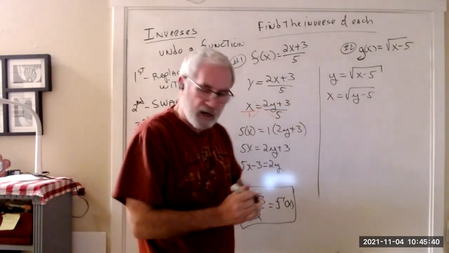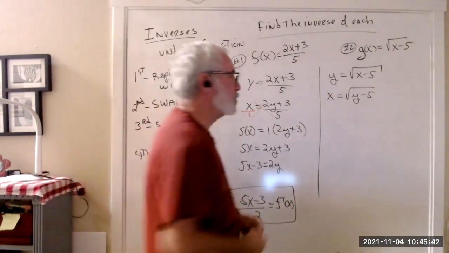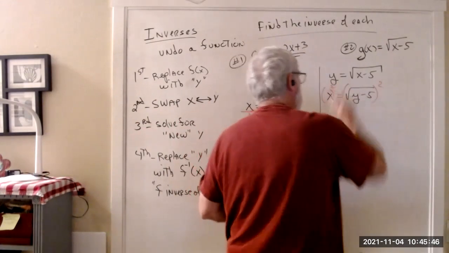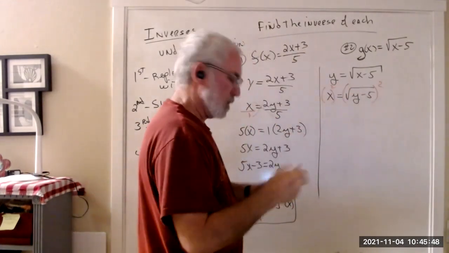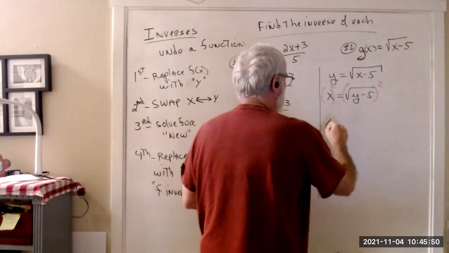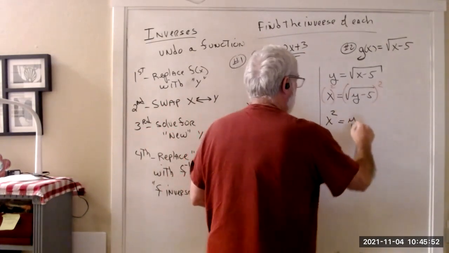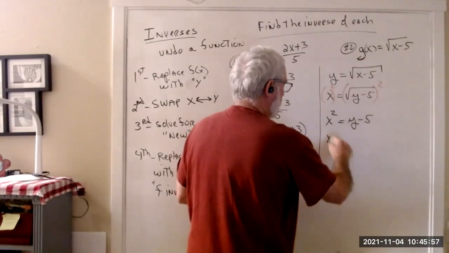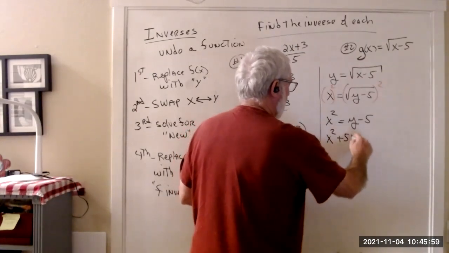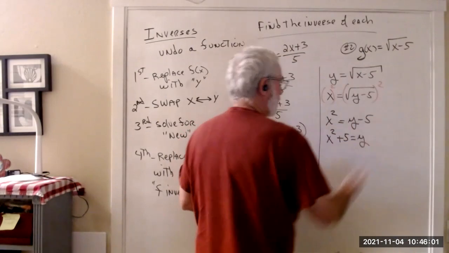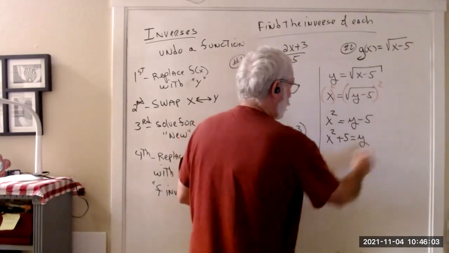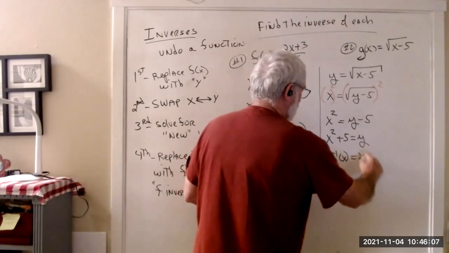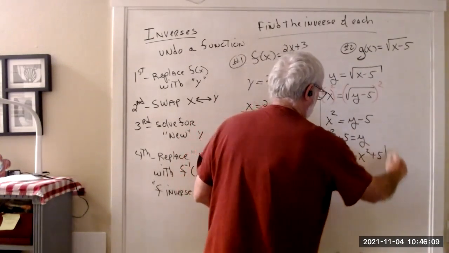The only thing I know that gets rid of a square root symbol is to square both sides. So that gives me x squared equals y minus 5. Get y alone, so x squared plus 5 equals y, add 5 to both sides, and then rewrite this as g inverse of x equals x squared plus 5.